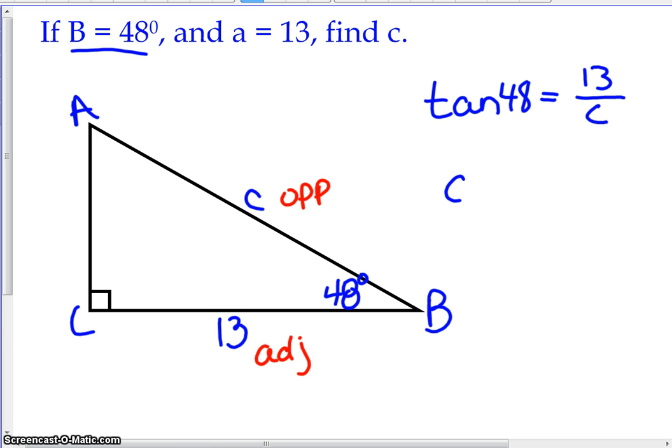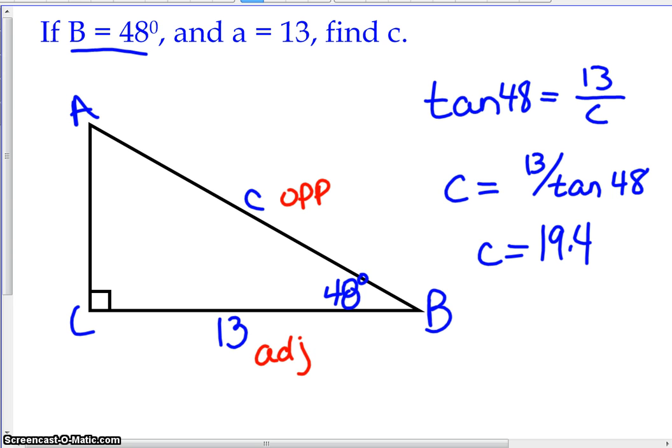And I'm going to say then c, when you're looking for the denominator, equals 13 divided by the trig function that you're dealing with. And the answer there, I would just get a calculator. In the calculator, I'd punch in 13 divided by cosine of 48. I got 19.4. Okay? So it's just about, do you know where to put the different letters that they're talking about? And then once you do, how do we work it through?